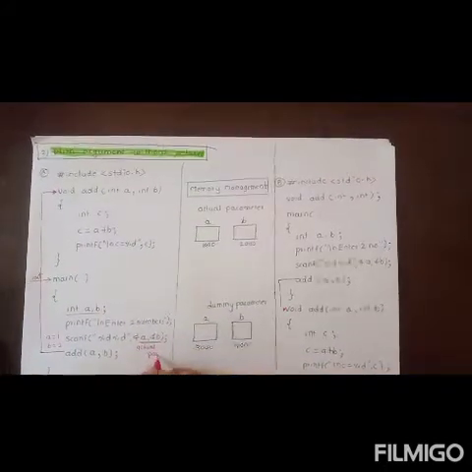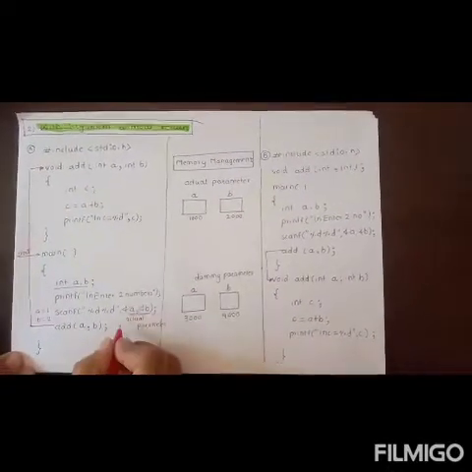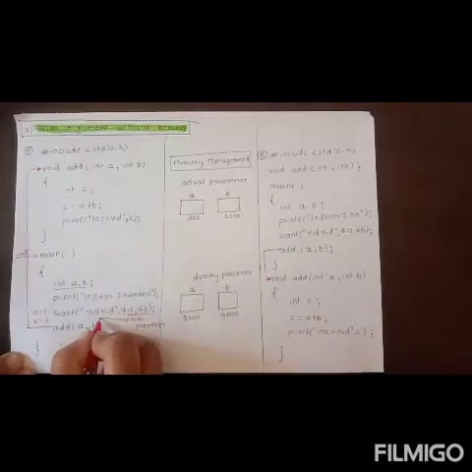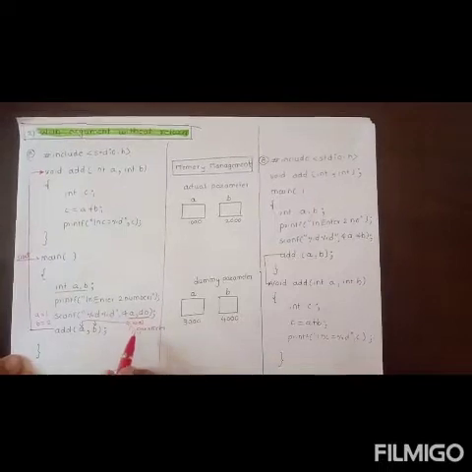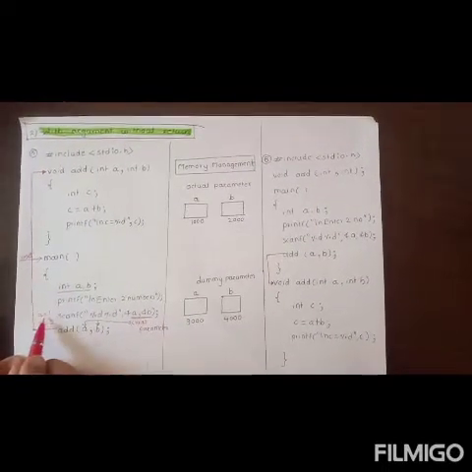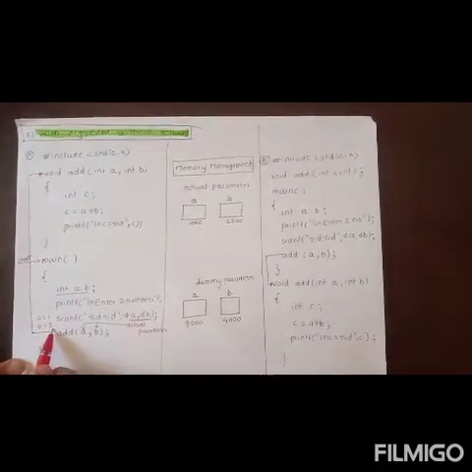So which are the actual parameters? This a and b are the actual parameters, and we'll initialize a with 1, b with 2.